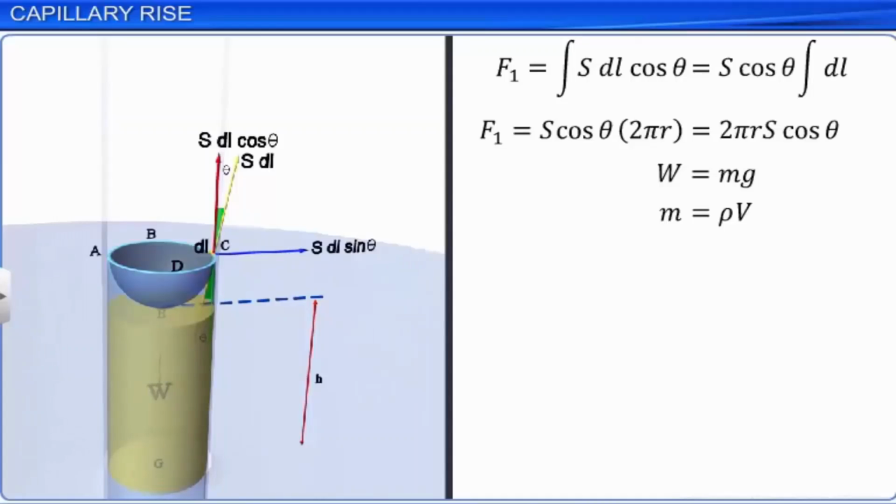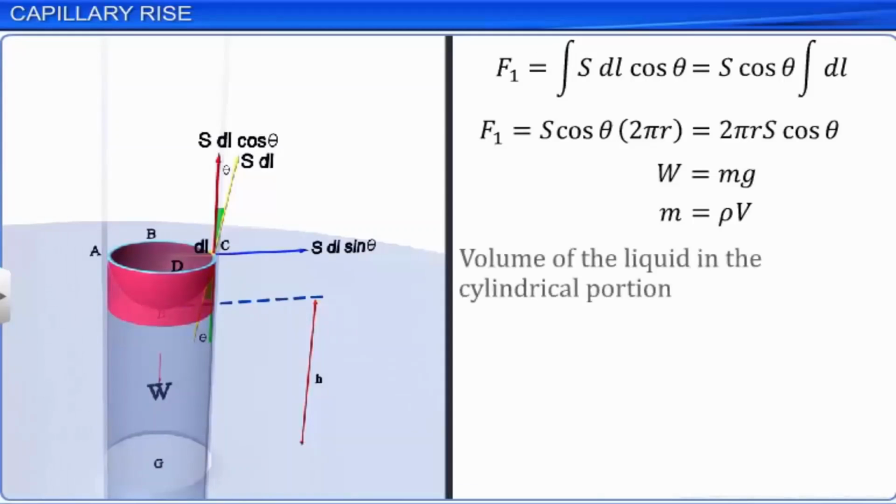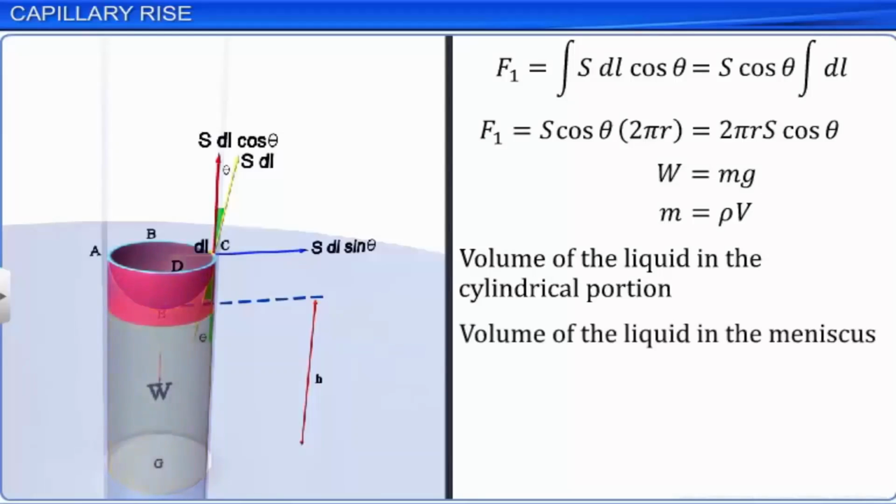The volume of the liquid in the cylindrical portion is pi r square h. The volume of the liquid in the concave meniscus is equal to the volume of the cylinder of height r and radius r minus the volume of the hemisphere of radius r, which is equal to 1/3 pi r cube. Thus, the volume of the liquid V is the sum of pi r square h and 1/3 pi r cube.